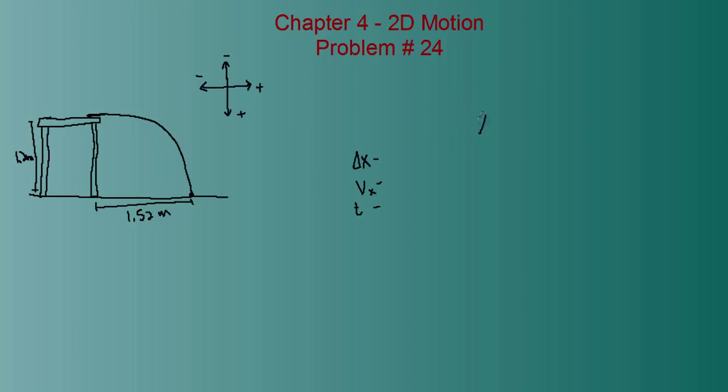But we do need all of these in the y direction, although you could do delta y for this too. I often will. But we do need initial y velocity because that's different than the final y velocity because we have acceleration in the y direction.